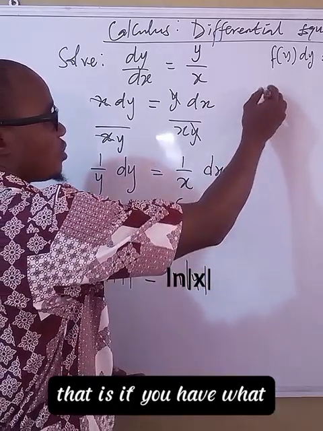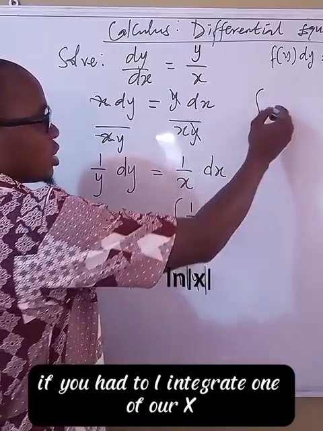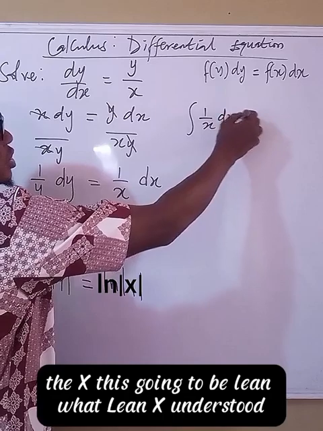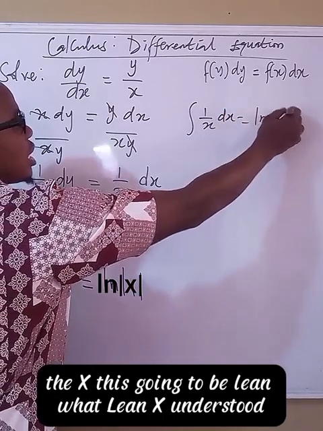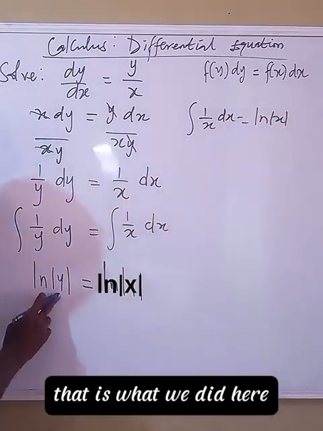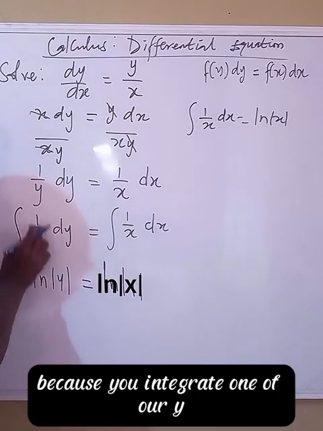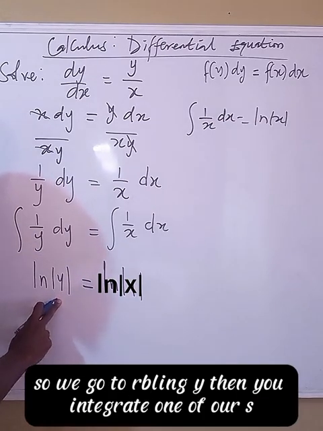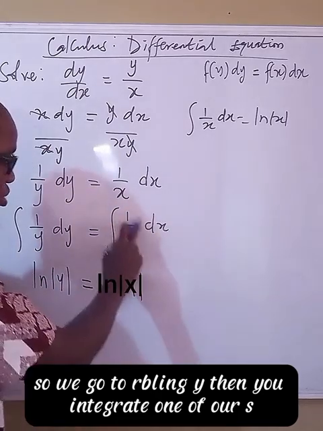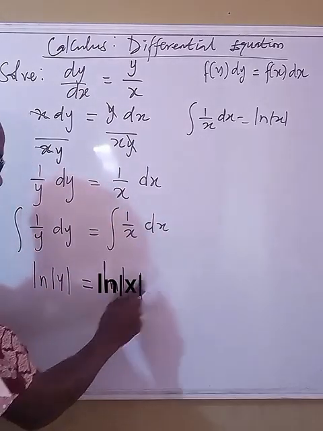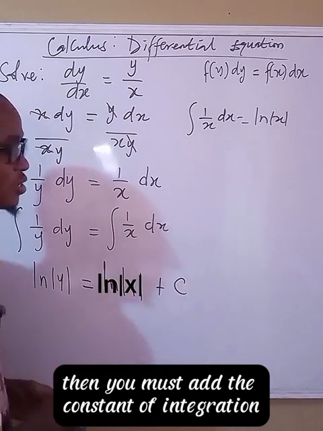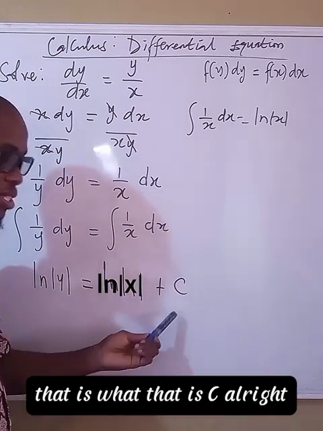If you integrate 1 over x dx, this is going to be ln x. Understood? Then you must add the constant of integration, that is c.